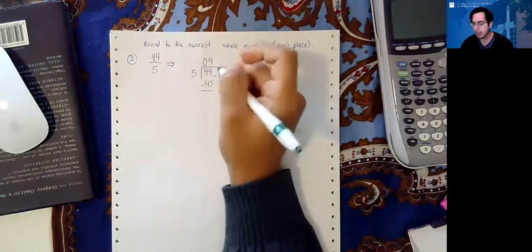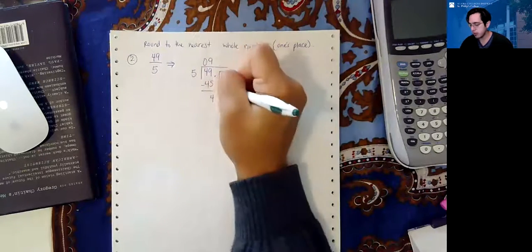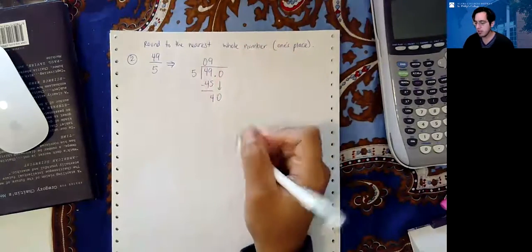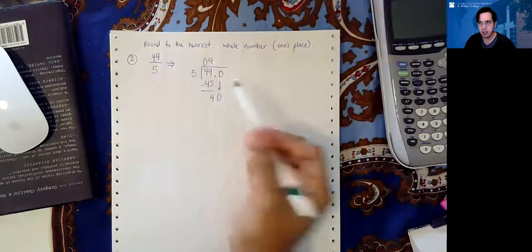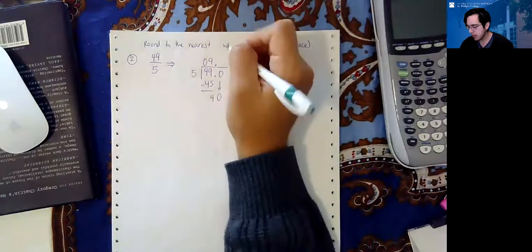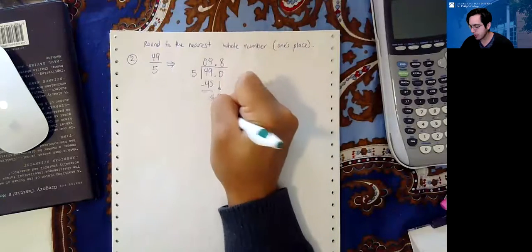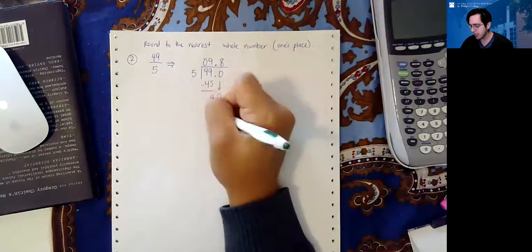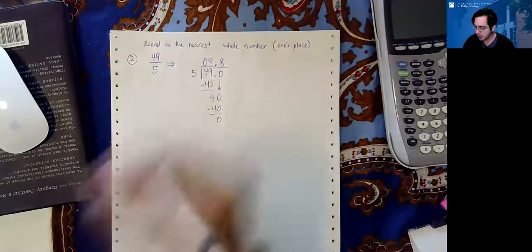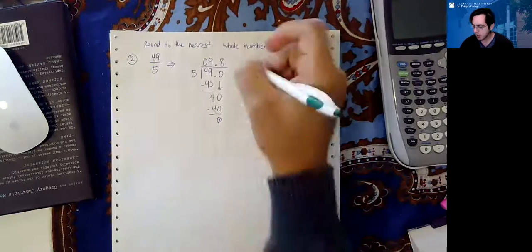We'll subtract that, get a 4, drop our 0. And then ask ourselves, does 5 go into 40? Sure it does. It goes in 8 times. So 8 times 5 is 40. We'll get a 0, and that terminates the process, right?